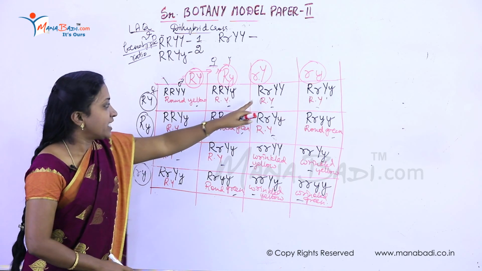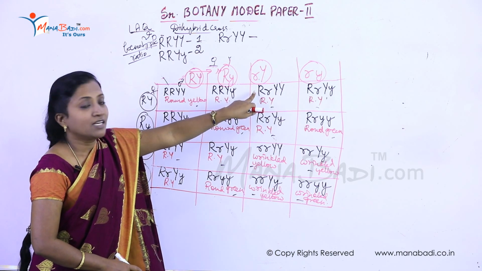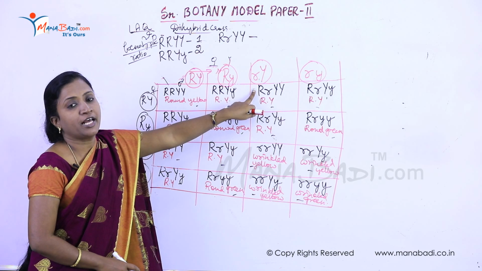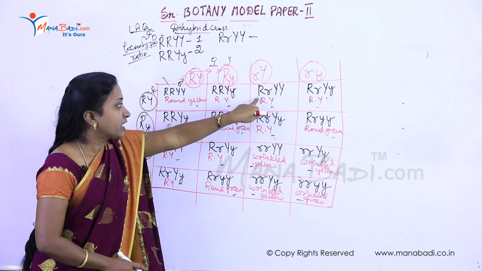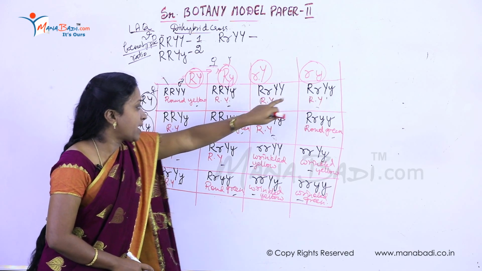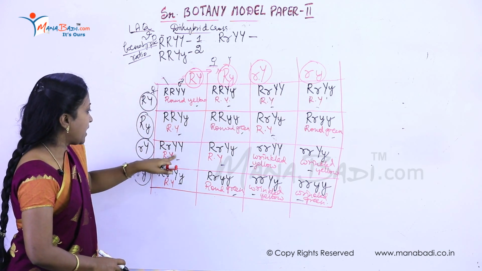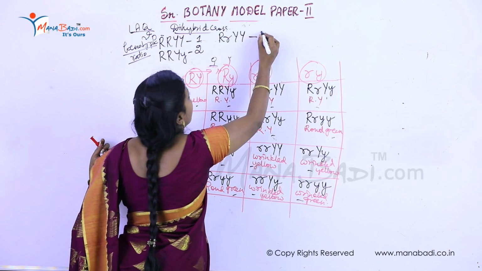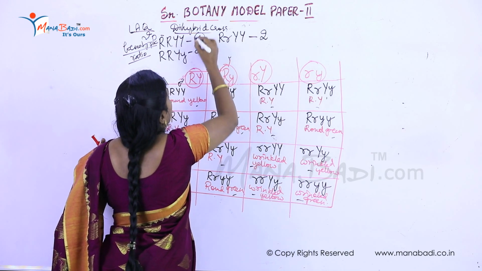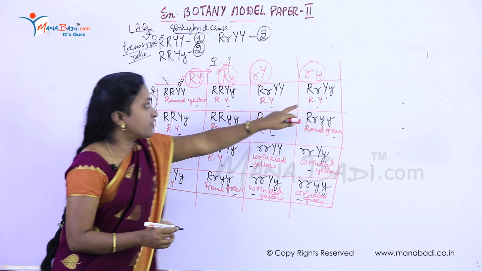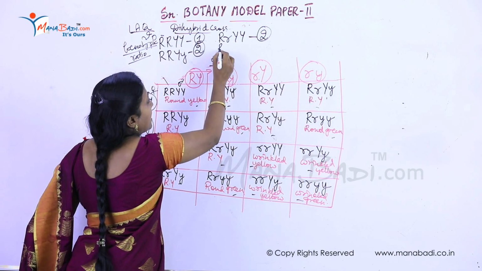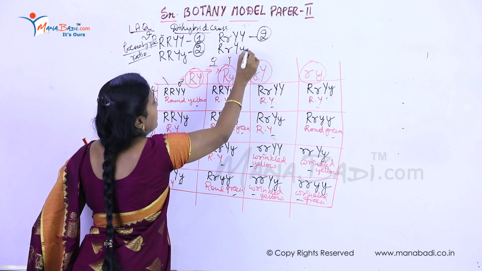So, are there any similar genotypes like this, which is also a heterozygous genotype, carrying the phenotypic character, that is round yellow, capital R, small r, capital Y, capital Y? How many are there? 2 are there. Now coming to the next genotype, that is capital R, small r, capital Y, small y.